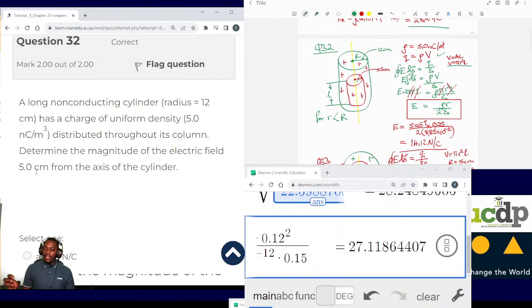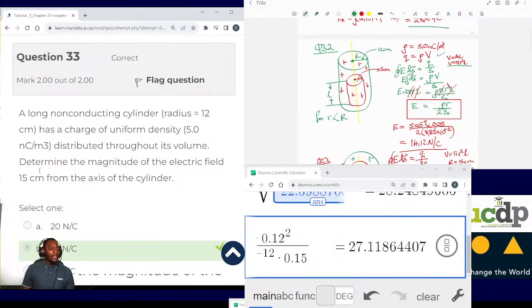Which is the radius, which happens to be less than the radius of the cylinder. But on question 33, we are calculating for an electric field which is at a radius greater than the radius of the cylinder. Hence, our Gaussian surface has to be larger than the radius of the cylinder.